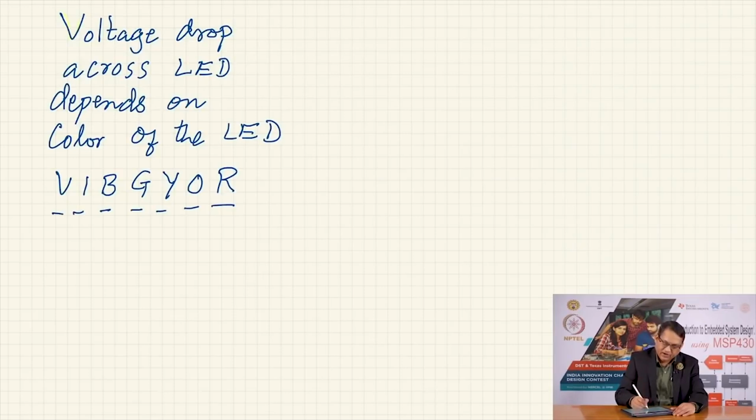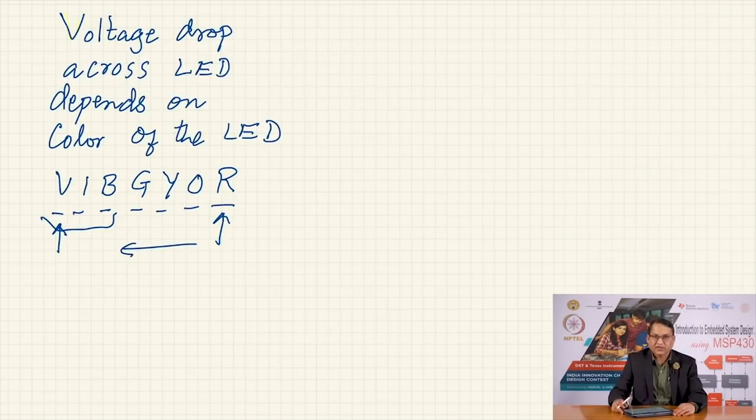It turns out that a red LED, which has the smallest energy, has the smallest voltage drop across it, whereas for violet or blue, as you go to these colors, the voltage drop across the LED increases because the band gap required to emit these colors is more, and therefore the voltage drop is more.